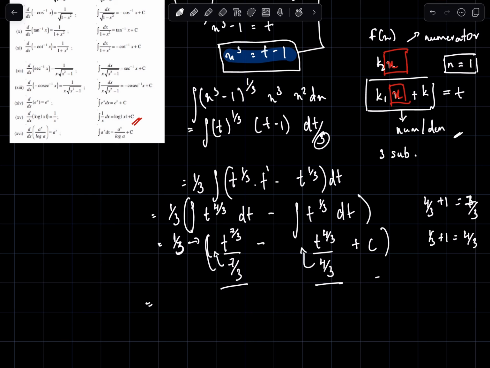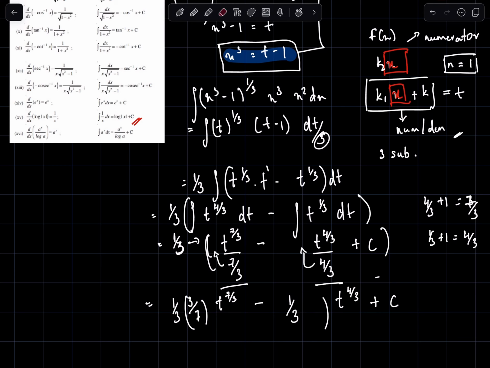Anyways, so 1 by 3 times 3 by 7, times t raised to the power 7 by 3, minus 1 by 3 times, oh sorry, not 4 by 3, 3 by 4, times t raised to the power 4 by 3 plus c.